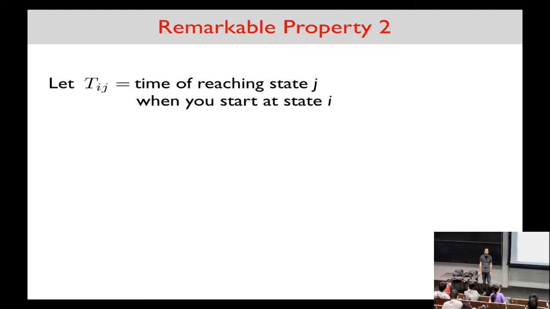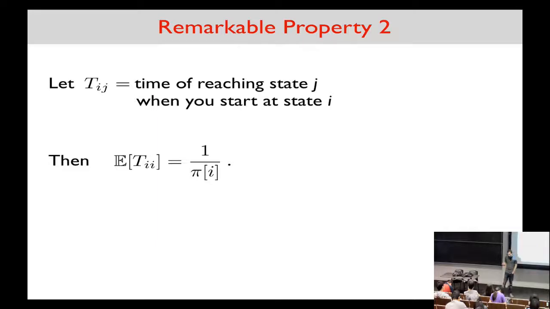It's an important random variable. What I want to say is actually about Tii, the time it takes to return to i when you start from state i. And it turns out that the expected value of Tii is 1 over pi i, where pi is this limiting distribution.